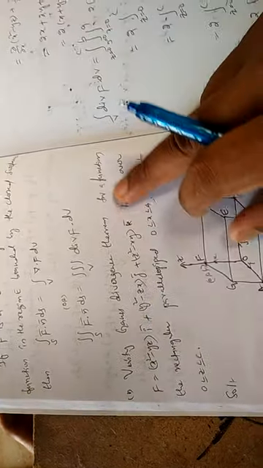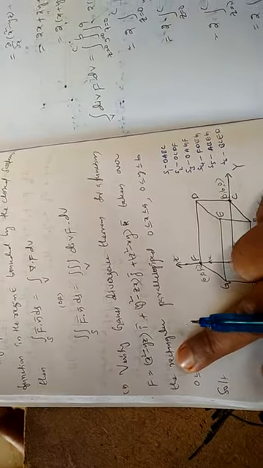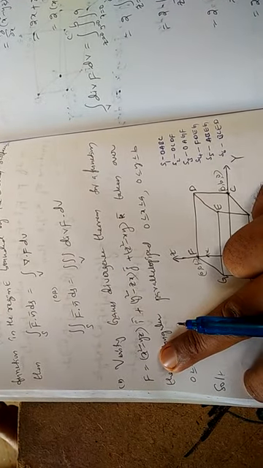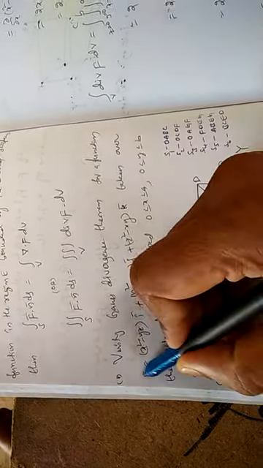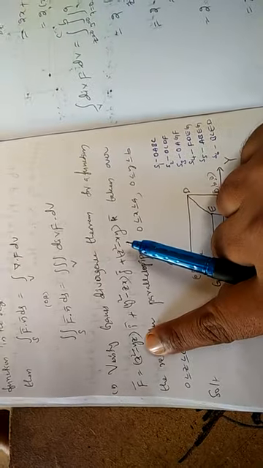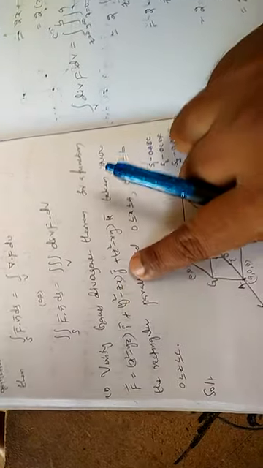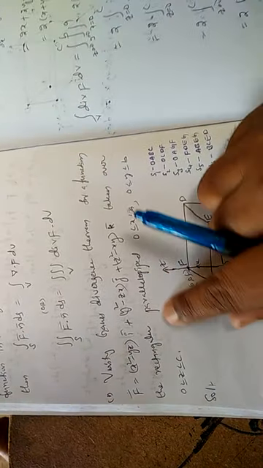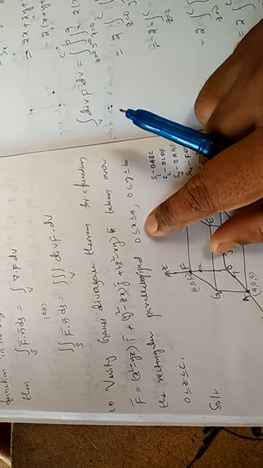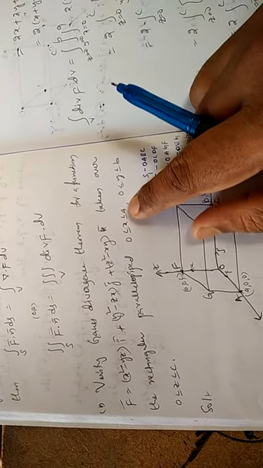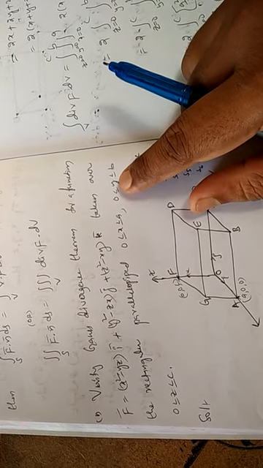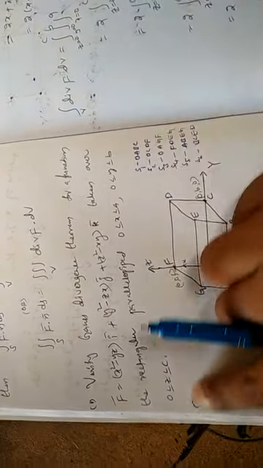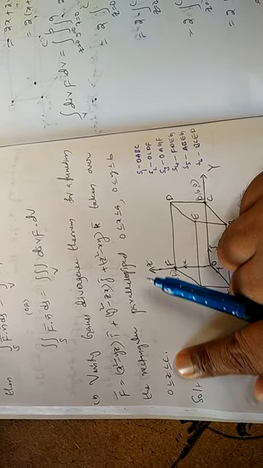Verify Gauss divergence theorem for the function F bar equal to (x square minus yz) i plus (y square minus zx) j plus (z square minus xy) k taken over the rectangular parallelepiped 0 less than or equal to x less than or equal to a, 0 less than or equal to y less than or equal to b, 0 less than or equal to z less than or equal to c.